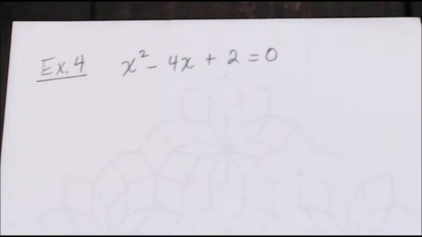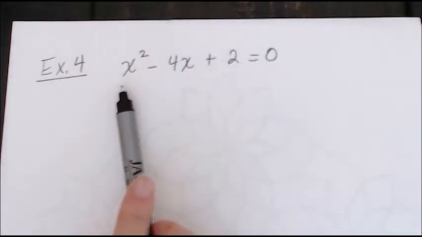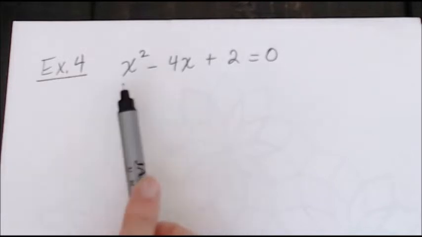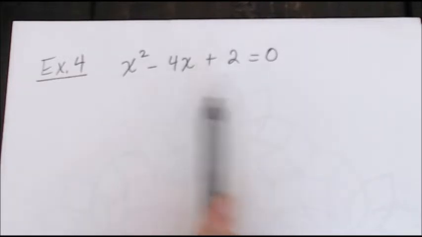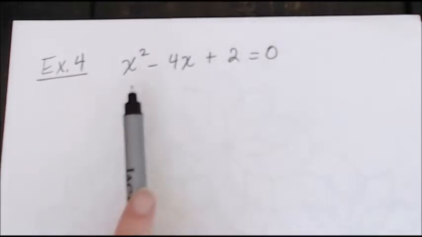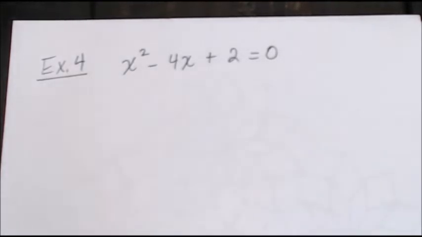So factoring is not an option here. The thing that's being squared is the x squared term. But notice that I have another term with x. So I can't easily solve for x squared. I mean, I could move the 2 and I could move the 4x, but then there'd be an x on this side and an x on this side. That doesn't help me. So the square root method does not apply here either.